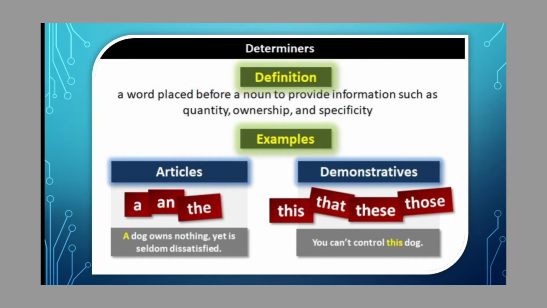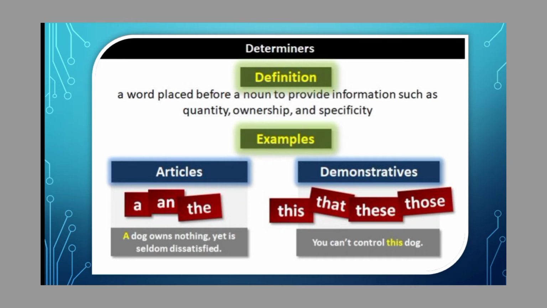For example, you can't control this bag. So here, what is the demonstrative used? This. The word this acts as a demonstrative here. We can say, these are balloons.